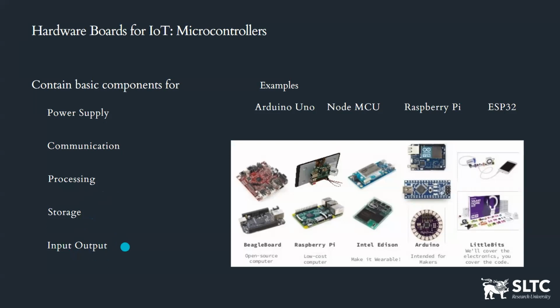Apart from that, we need input output pins where we collect sensor data, and then we can also output the received data to the microcontroller, and then maybe to the communication module. So we need all these units: power supply, communication, processing, storage, input output pins in our microcontroller boards. So we will talk about these microcontroller boards.